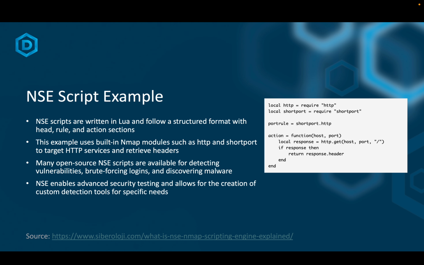Many open source Nmap scripting engine scripts are available for detecting vulnerabilities, brute force logins, and discovering malware, and then a long list of other functionalities, all organized into different categories. And these scripts enable advanced security testing and allow for the creation of custom detection tools for specific needs.